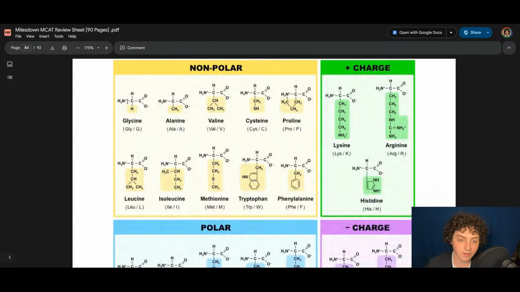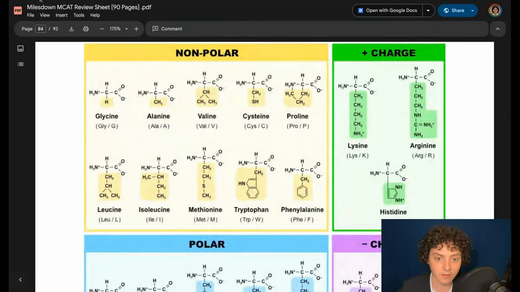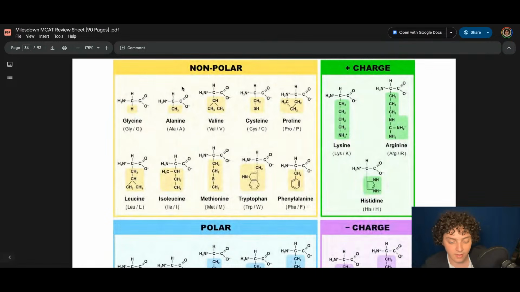Number 1 is glycine. Glycine is the simplest because its R group is a hydrogen atom. The second most simple amino acid is alanine, which has the R group of a carbon bound to 3 hydrogens. Another name for a carbon bound to 3 hydrogens is a methyl group.